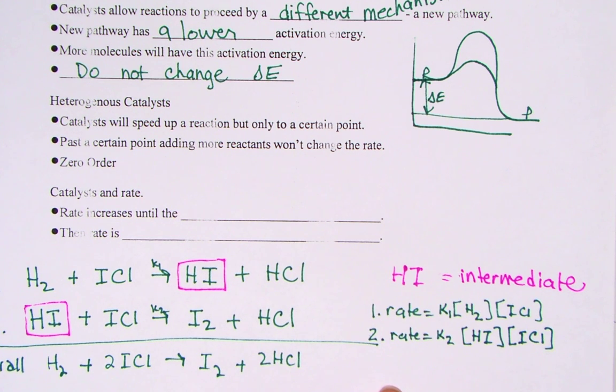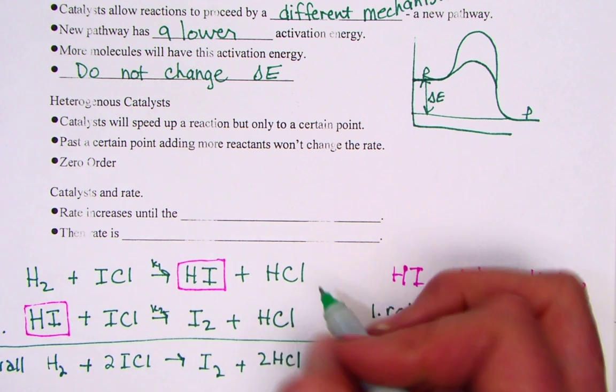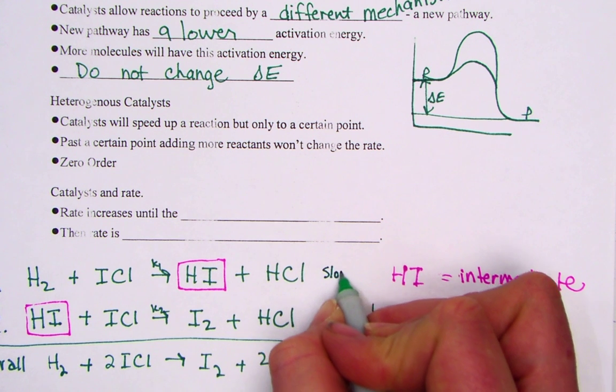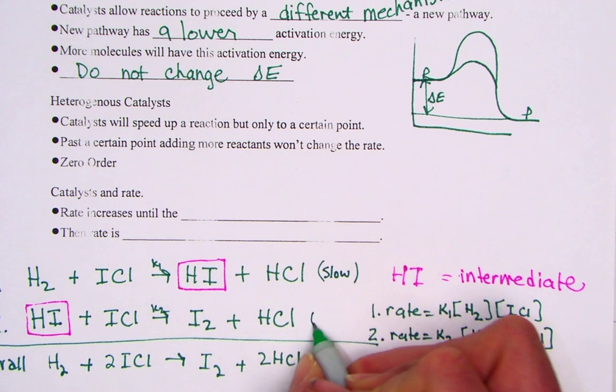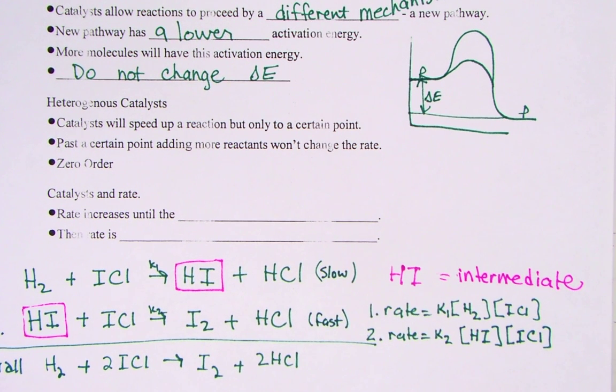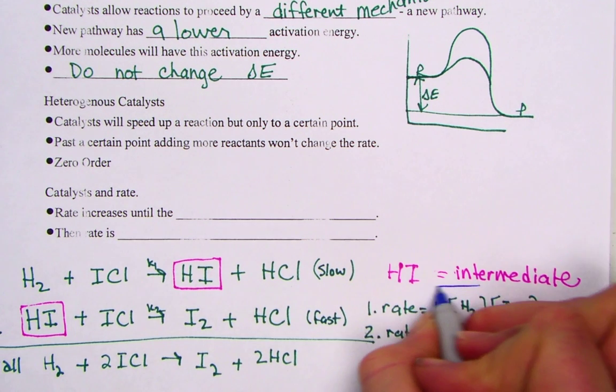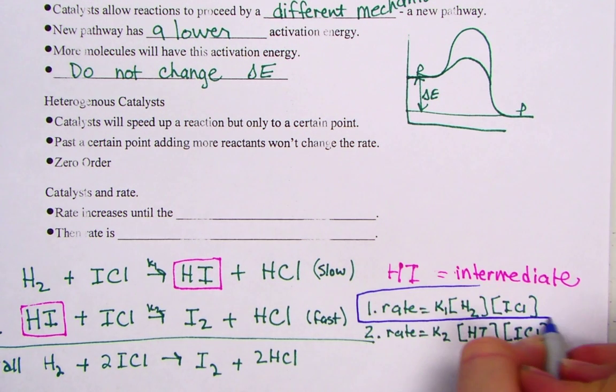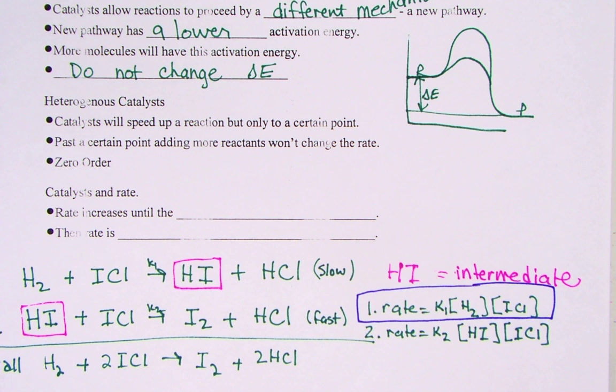If the first step is slow and the second one is fast, what rate law do you expect to be observed? The rate law comes from the slowest step. The observed rate law would indeed match the first elementary reaction.